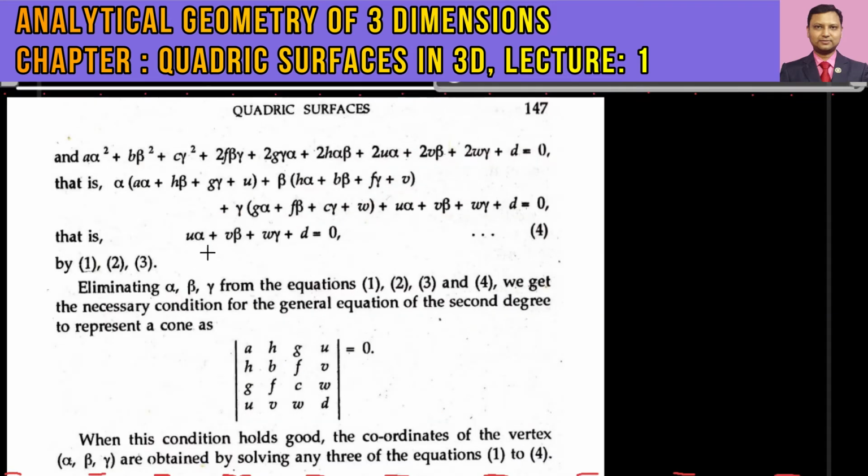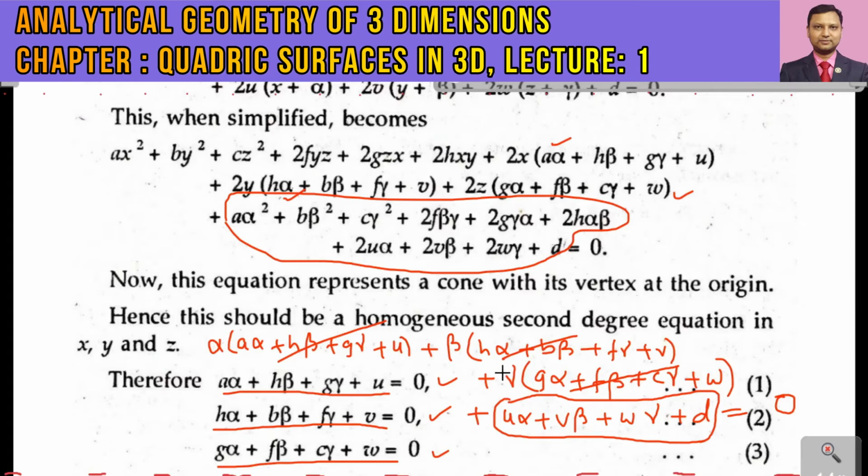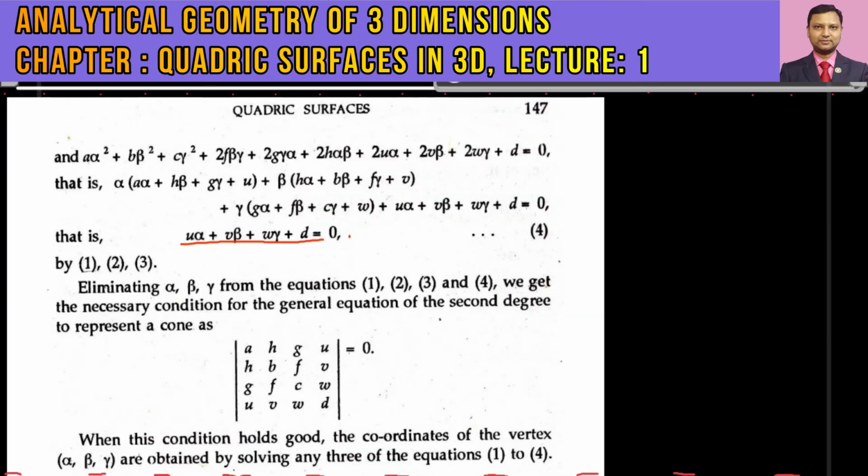You see this u alpha plus v beta plus w gamma plus d is equal to 0, along with these three equations over here. Along with these equations, we can also write this equation: u alpha plus v beta plus w gamma plus d is equal to 0.